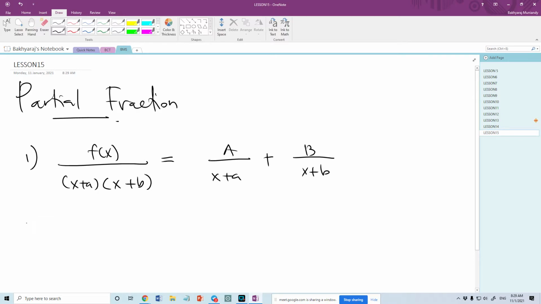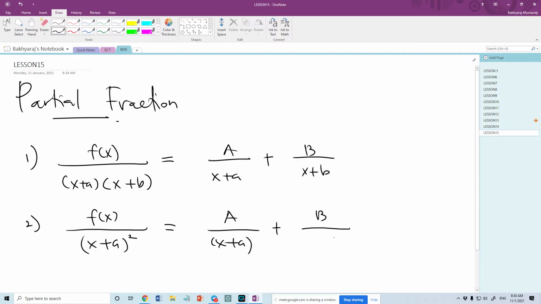Okay, form number one. Form number two, we have fx divided by x plus a square. Means you get a and then x plus a and then b divided by x plus a square.